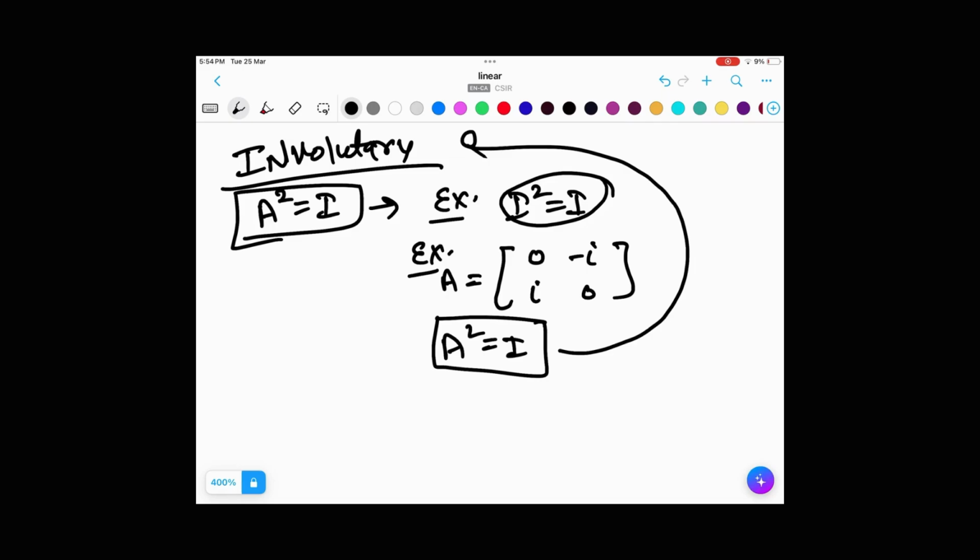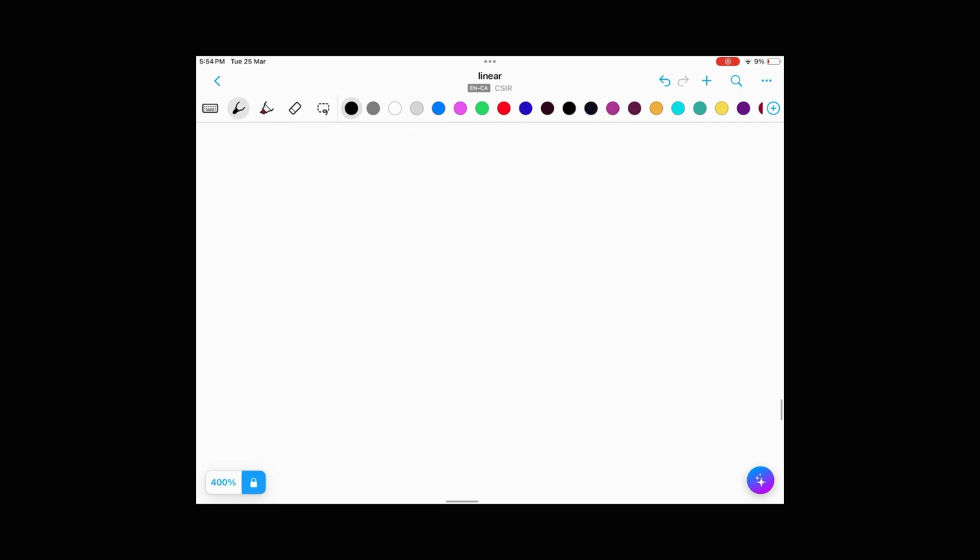Now we come to another point, that is normal matrices. Firstly we define normal matrices.